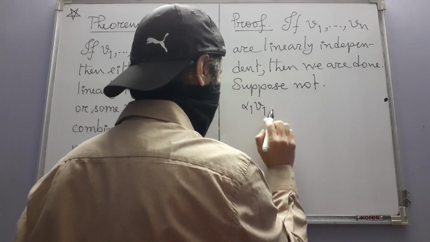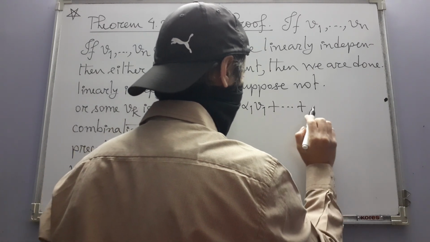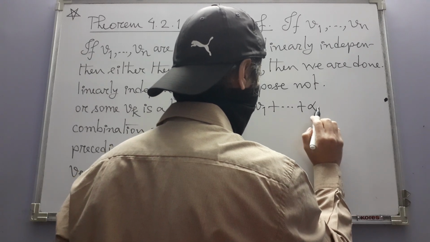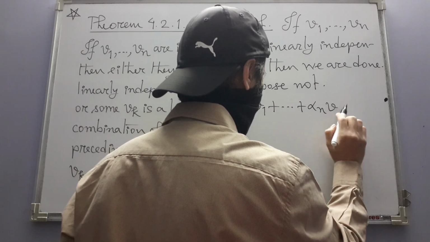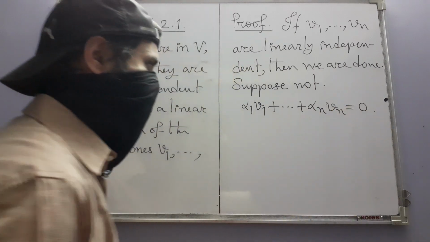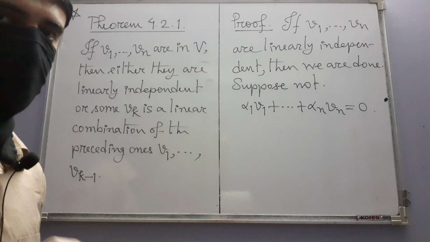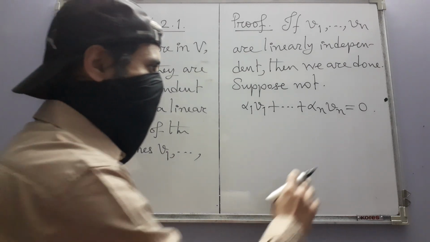some scalars alpha i using which you can form this linear combination of the given vectors that becomes 0, and where not all the alpha i's are 0, because that is linear dependence.